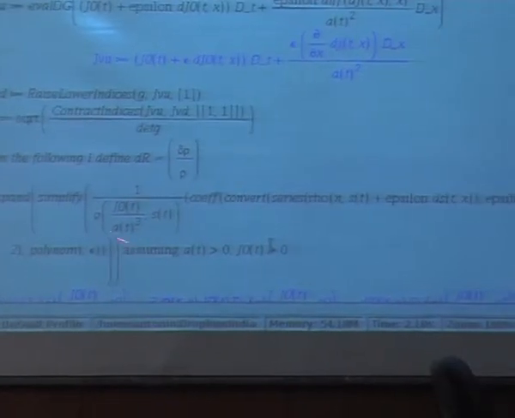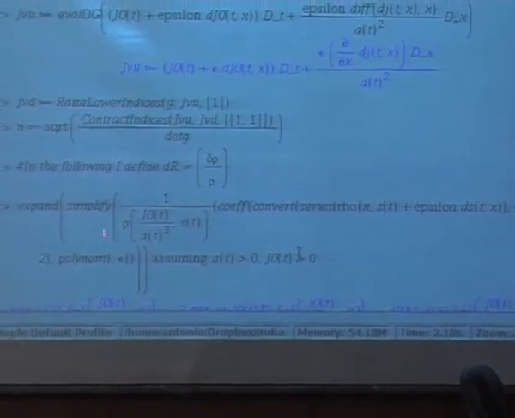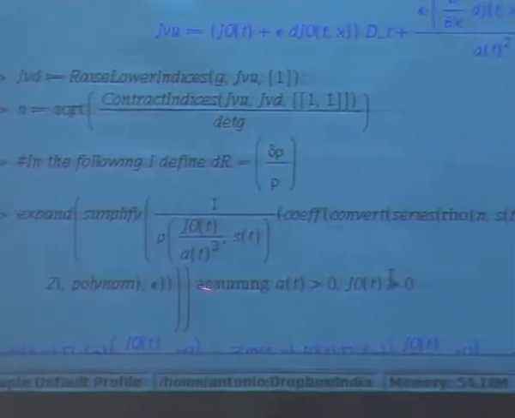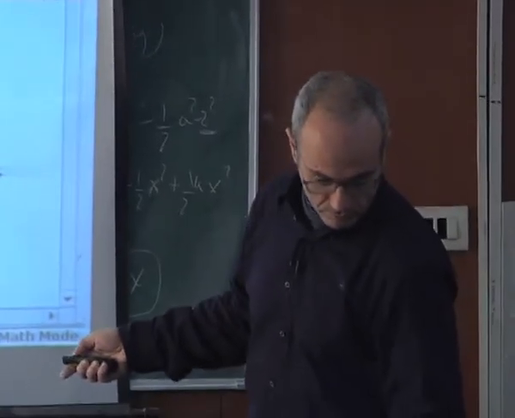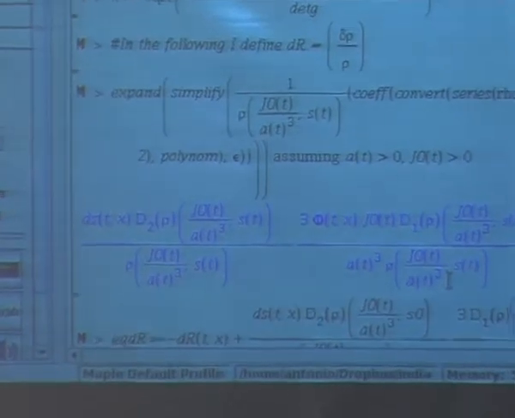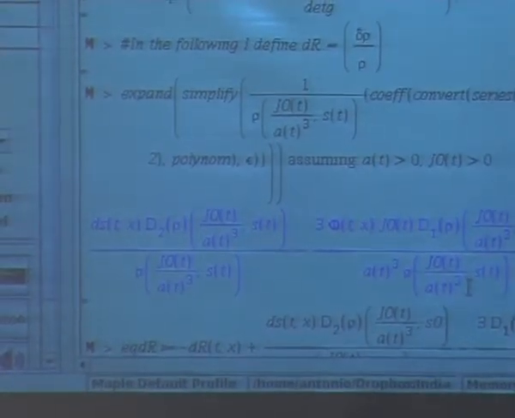And then divide it by the background quantity, rho. If I do this, I get that. Now let's see what this is. Wow, this looks complicated. It is. It's a bit complicated here.